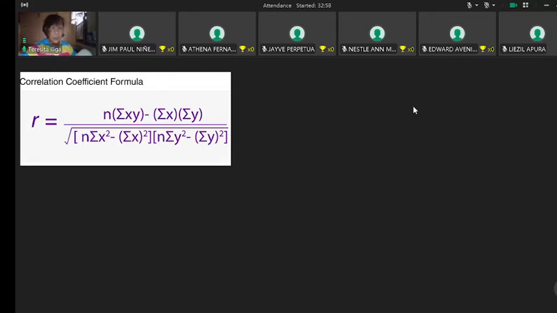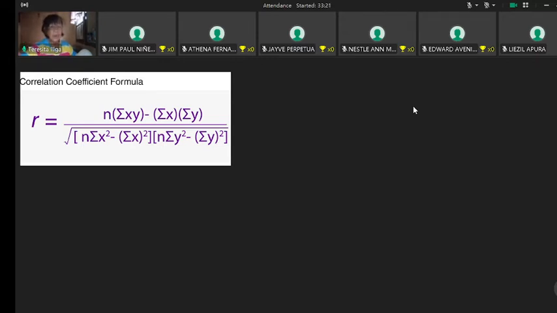But you will have to specify in terms of your variables. So it shows that there is a strong negative correlation between the mass of the person and the height.